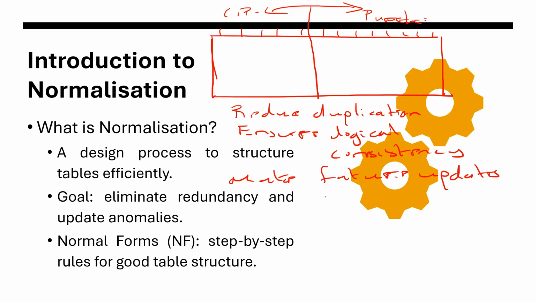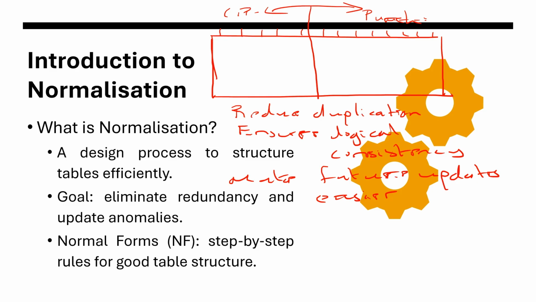All these are the different reasons why you normalize the data. You normalize into multiple related tables basically to reduce duplication, to ensure logical consistency, and to make future updates easier.